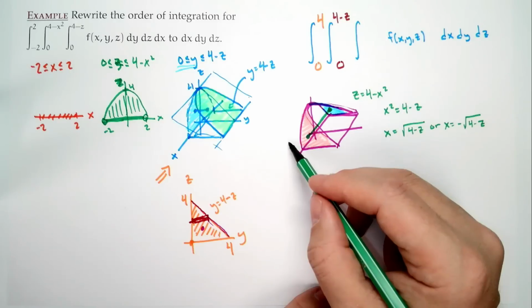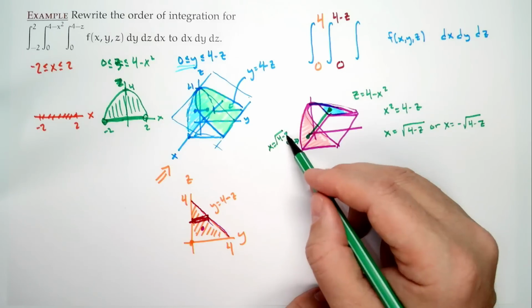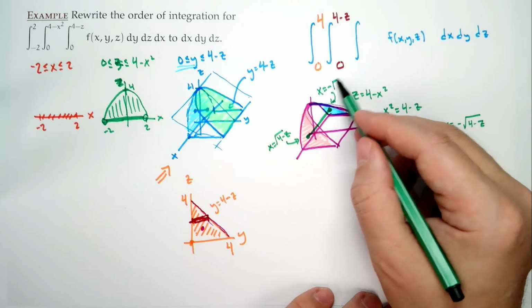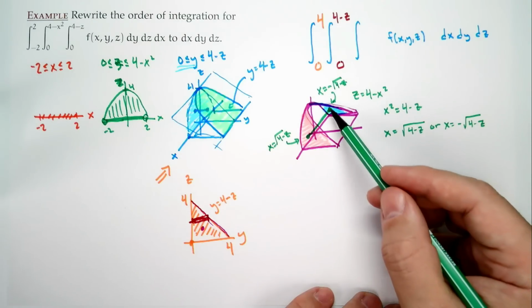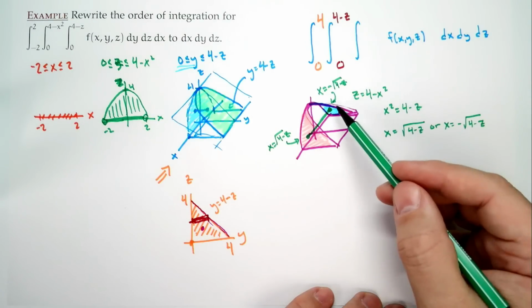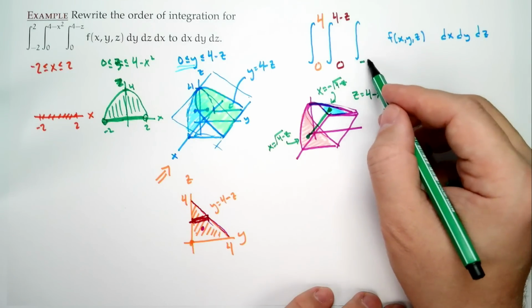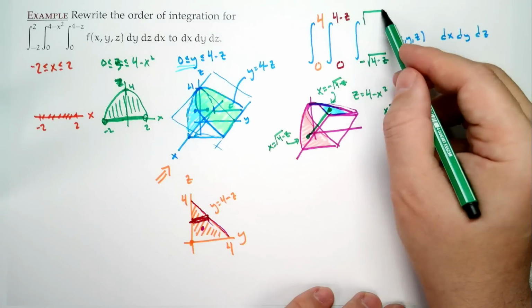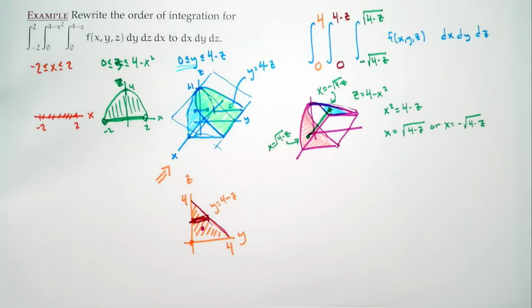The front one is x equals plus the square root of 4 minus z, and the back one is x equals minus the square root of 4 minus z. And where do we go? We go from the back to the front, small x to large x. So minus square root of 4 minus z to plus square root of 4 minus z. And now we're done. We've set up our bounds.